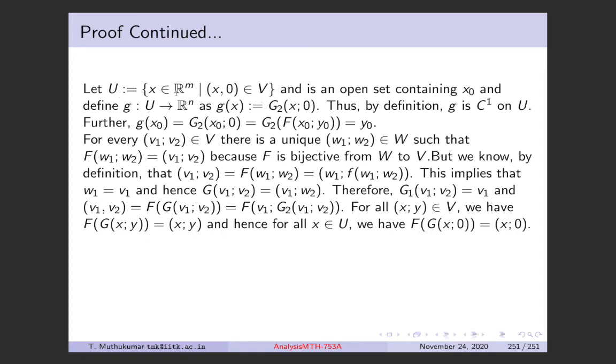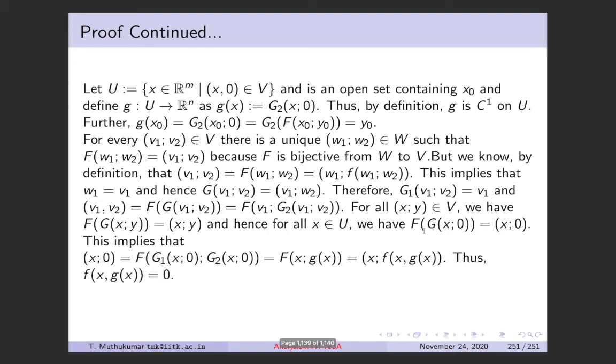And U was just the projection of V, the R^n copy, right? Hence for all x in U, if in particular we put y equal to 0, F of G of (x, 0) is (x, 0), which is true because they are inverse to each other. So what is (x, 0)? It is F of G of (x, 0), but G has two components, G1 and G2.